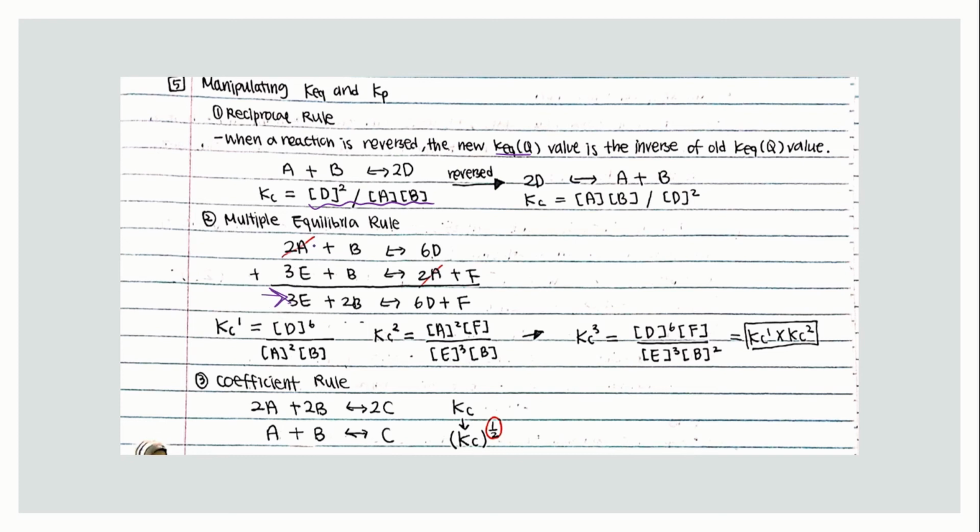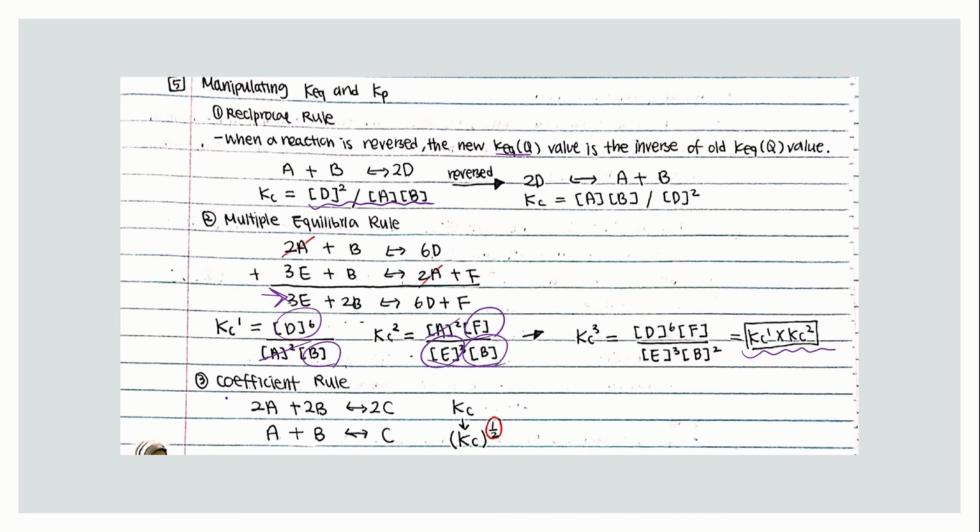Kc for the first reaction equals D^6 over A^2 B, and Kc for the second reaction equals A^2 F over E^3 B. So the Kc of the overall reaction will just be the product of these two Kc expressions, which will be D^6 F over E^3 B^2, since the A^2 terms will simply cancel each other out. So Kc for the third reaction, the overall reaction, will be the product of Kc1 and Kc2.